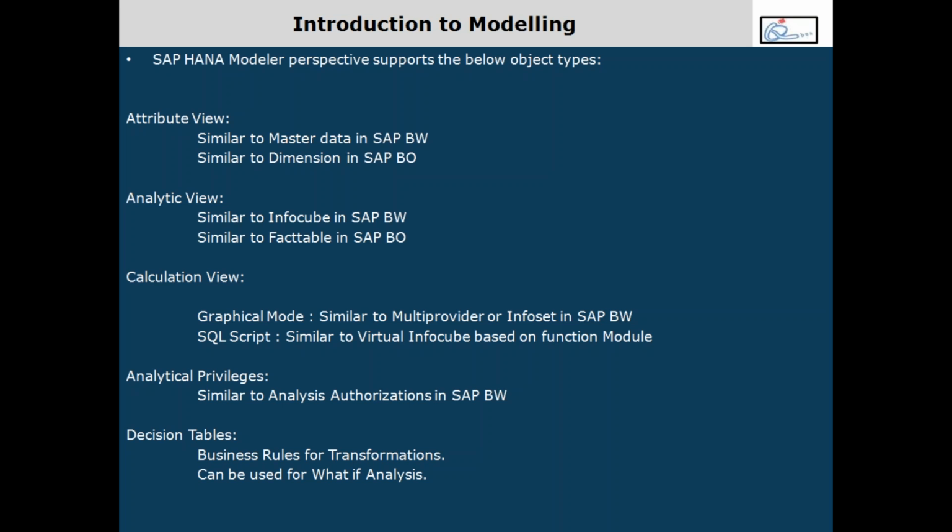So when you want to model this fact information or transaction data, which will involve measures or key figures, then we get into analytical views. When you want to model any table which will hold measures or key figures, we refer to that as a fact table.